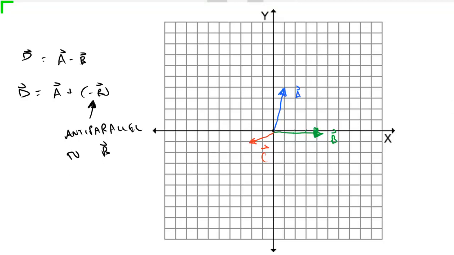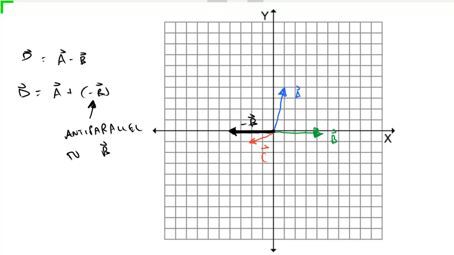So vector negative B would be 4 to the left, 1, 2, 3, 4. This would be vector negative B, which is the same magnitude. It lies along a parallel line, but it is in the opposite direction. It points to the left as opposed to the right. So that's vector negative B.